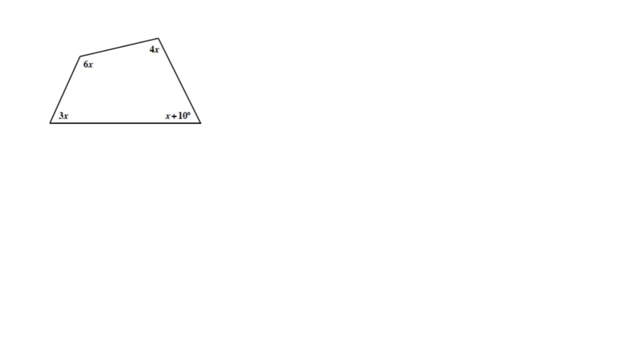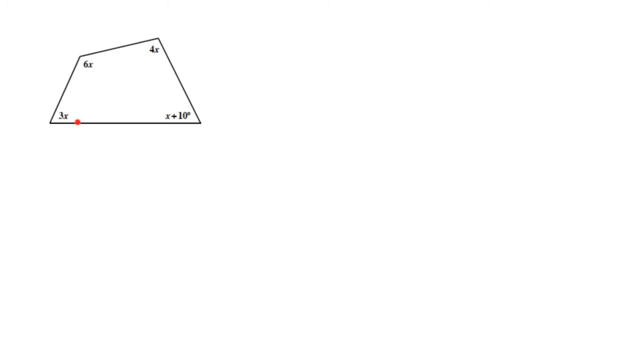To finish off, let's take a look at a question like this. We have a quadrilateral, and each of the interior angles is marked with an algebraic term or expression: 3x, 6x, 4x, and x plus 10. A question like this would ask you to solve for x. To do that, we need to set up an equation that we can use to isolate for x.